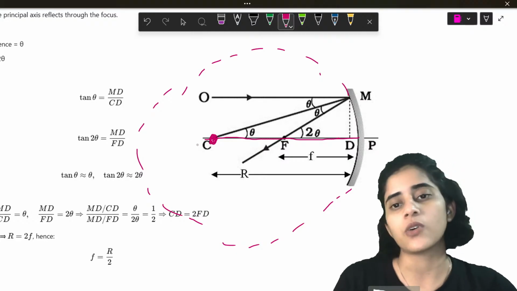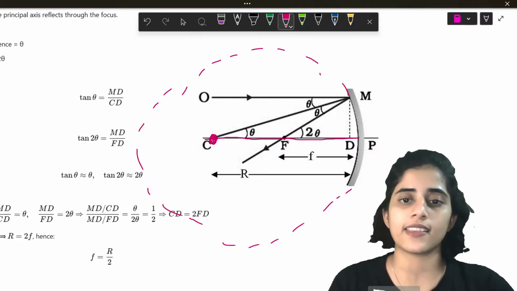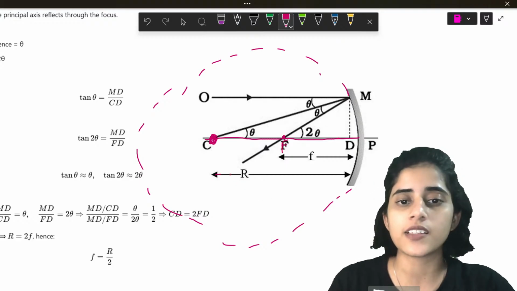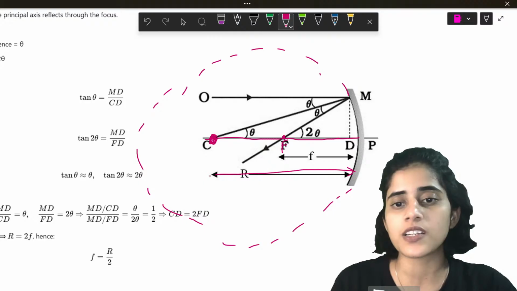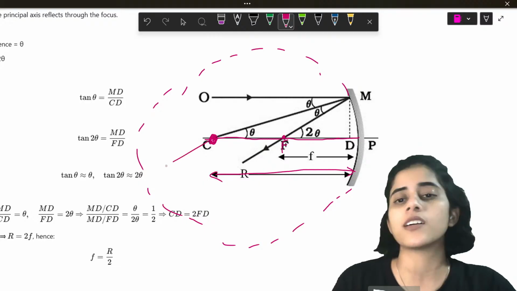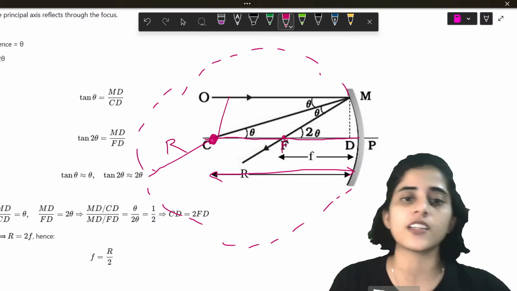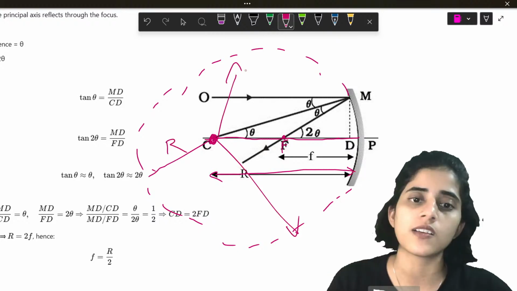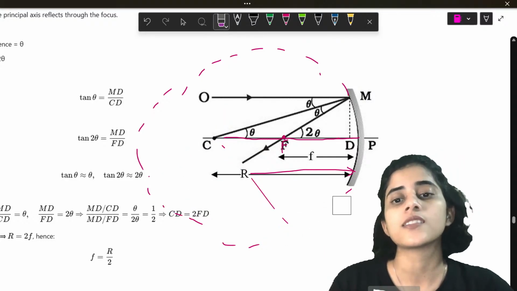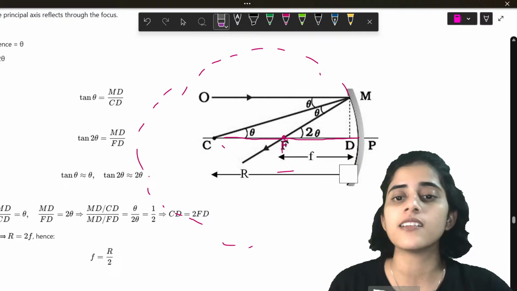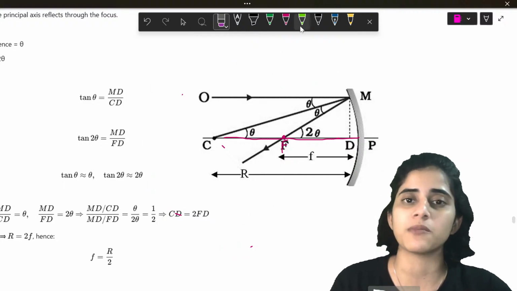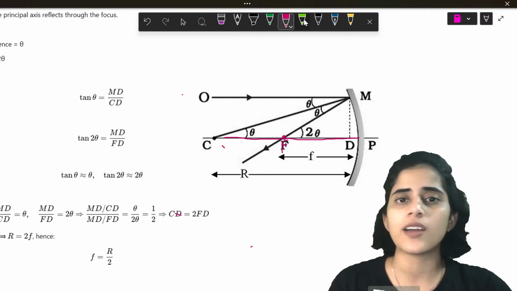The focal length is F, and the distance between the center of curvature and the mirror is the radius of curvature, R. In all directions it will be R because it is the center of a circle that contains the mirror.